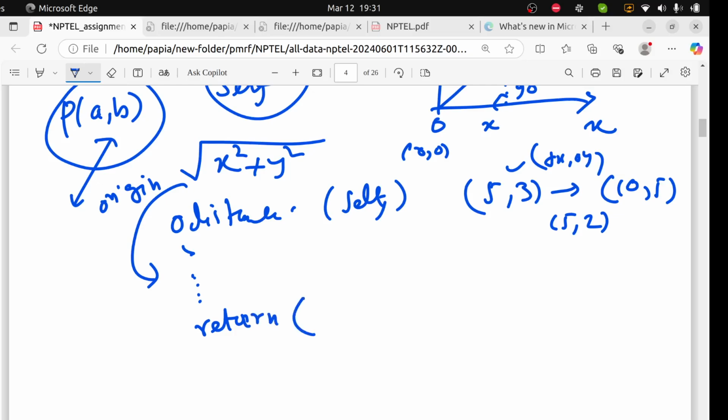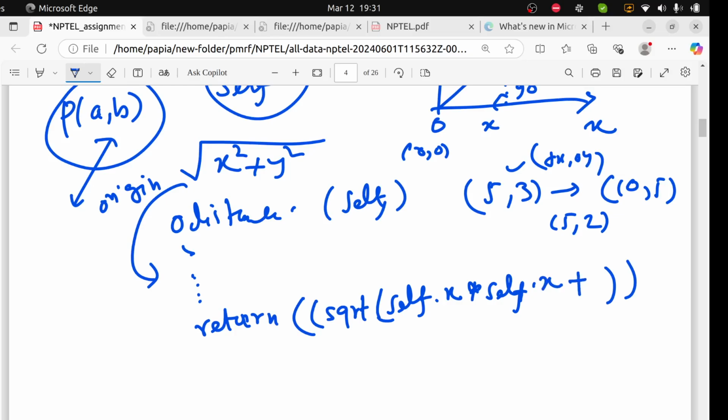Then the main thing is inside of that: SQRT of self.x star self.x plus self.y star self.y. Because it is root over x square, this will come as x square. Yes, ma'am. And then this.